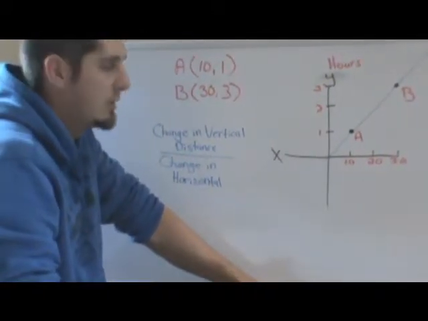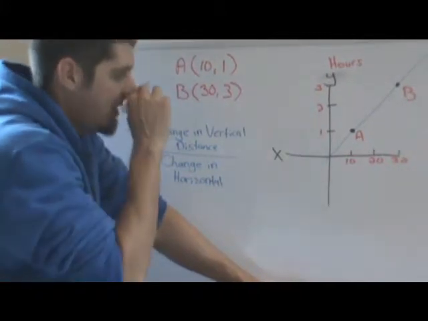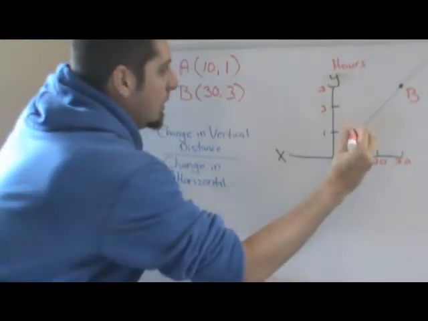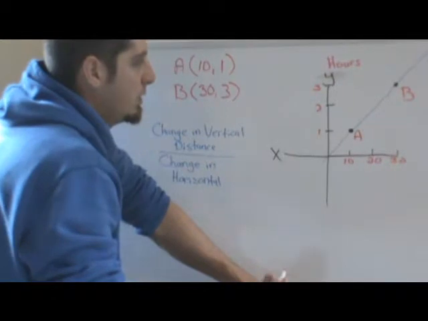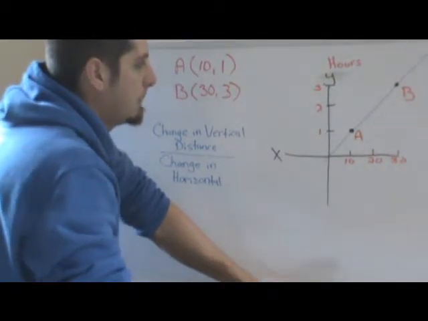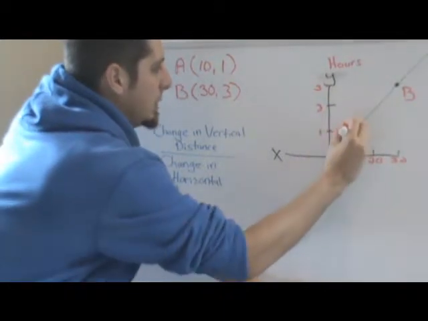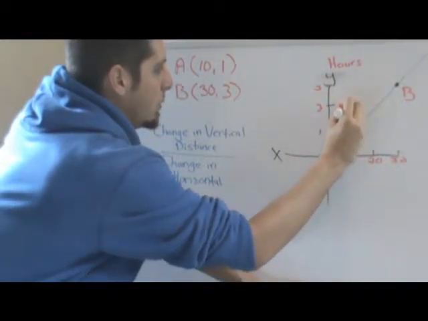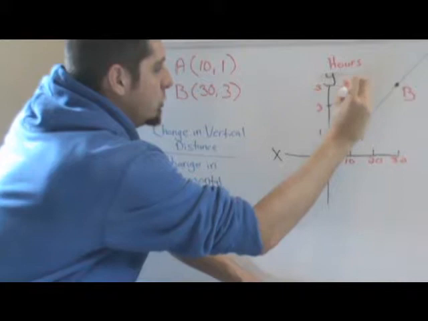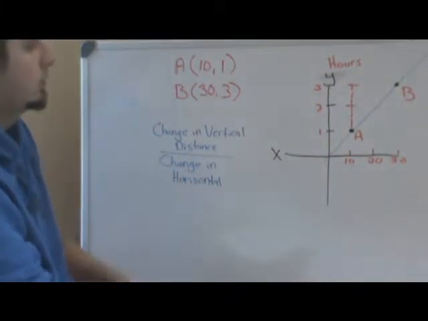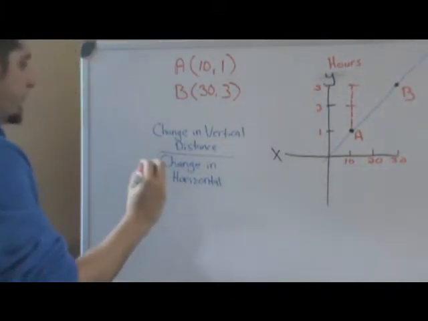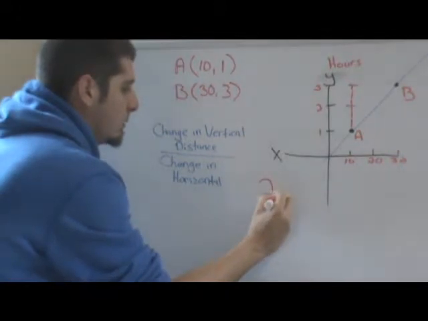Sometimes it's easier said than done. So we're going to manually find the slope. We start at point A because we want to know what the slope is going from point A to point B. We start at point A and we find the vertical distance between A and B. So we're going up 1, 2 spaces. So the vertical change was 2.